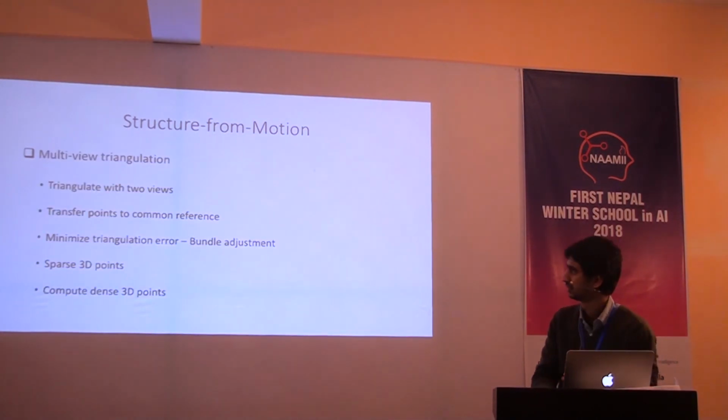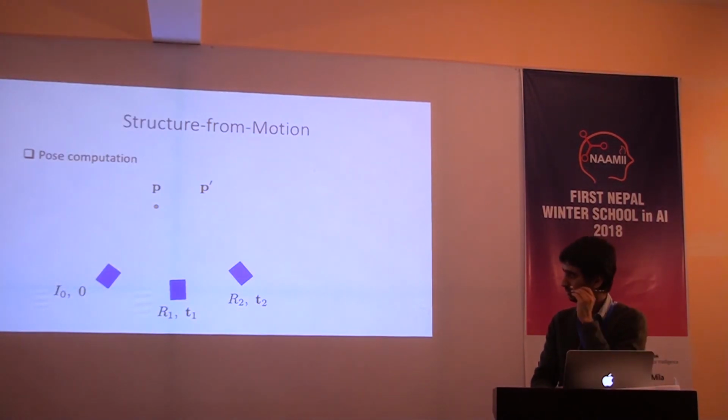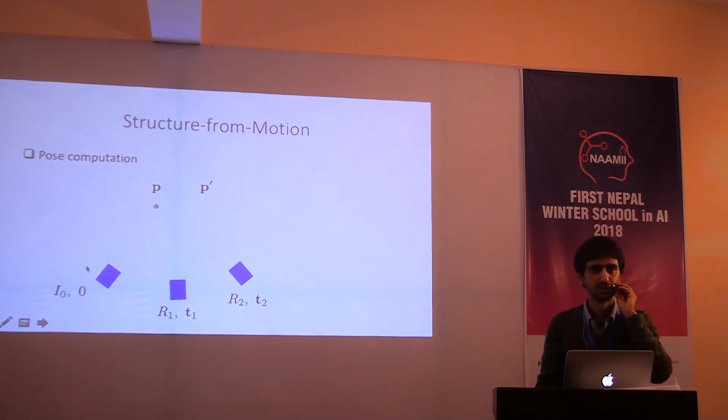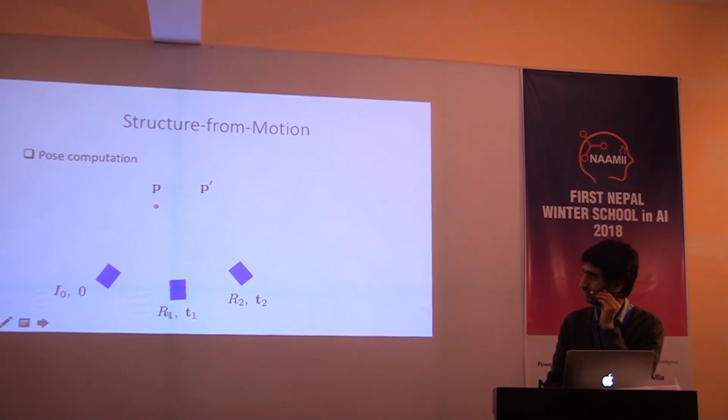So, for example, you have I, comma 0. This is your first camera, and R1, T1 is the second camera, R2, T2 is your third camera. When you triangulate points between the first two, it will be in the coordinate system of the first camera, which is the origin.